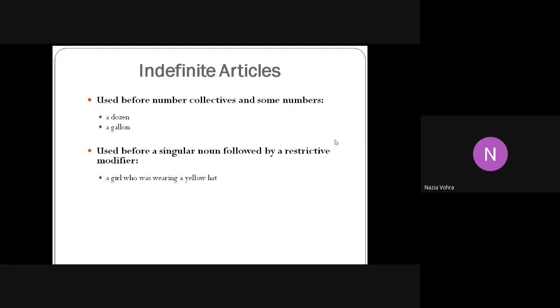A yellow hat. What has it done here? The hat is yellow, so it restricts. And that is why it is still singular, and that is why we are using the indefinite article. Clear? It is restricting. So these are the areas where you will use your articles, guys.